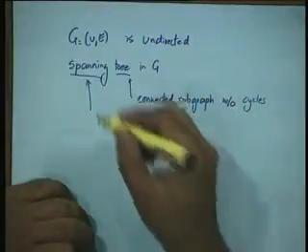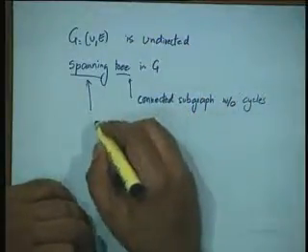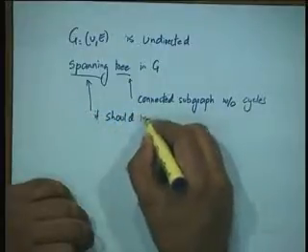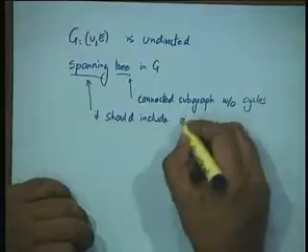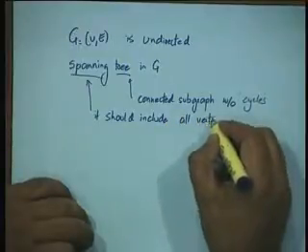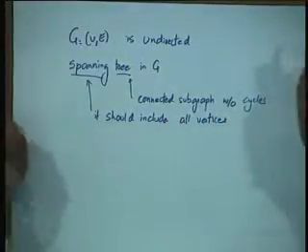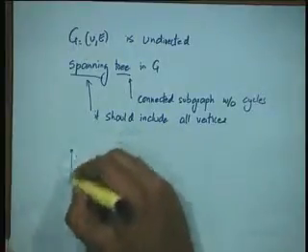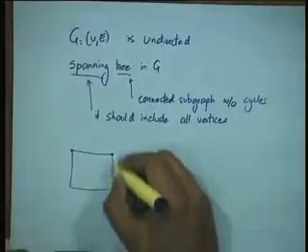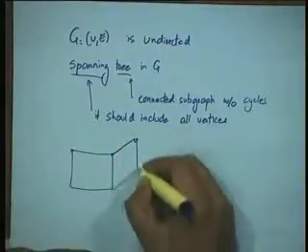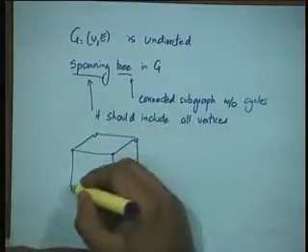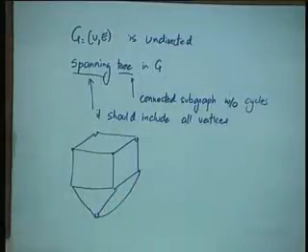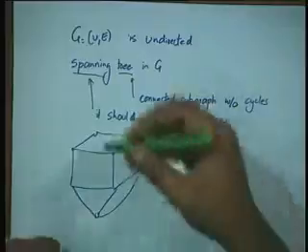This basically means that it should include all vertices. That would be a spanning tree in the graph. For an example, if I drew a graph something like that, then I could draw a spanning tree in this graph.